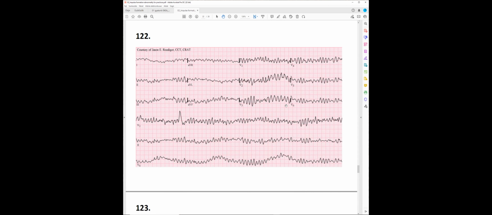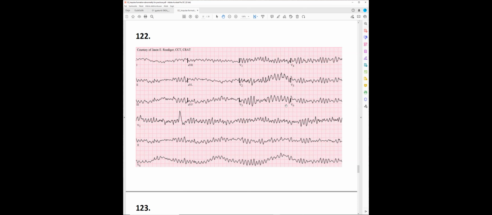If I'm asking you what could be the pulse rate of the patient, what would you say? That's a tricky question. Pulse rate, like heart rate? Pulse, when you feel the pulse of the patient. More than 450.